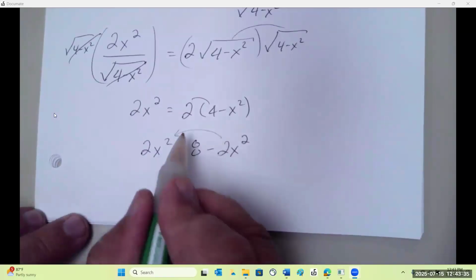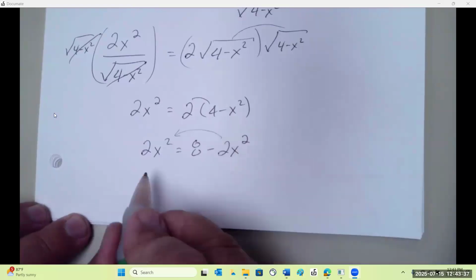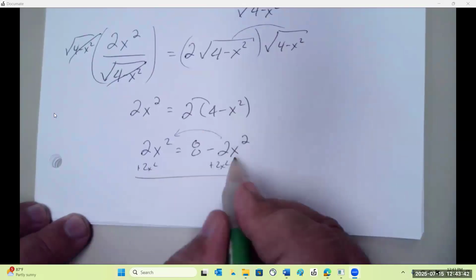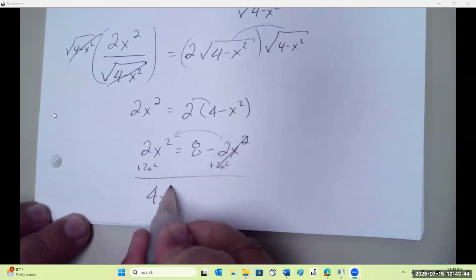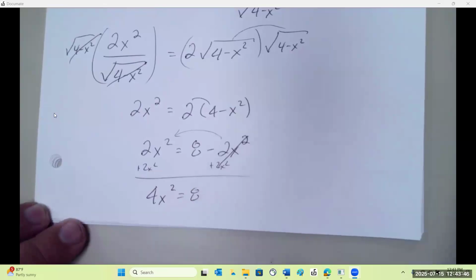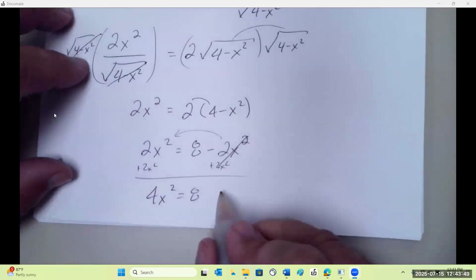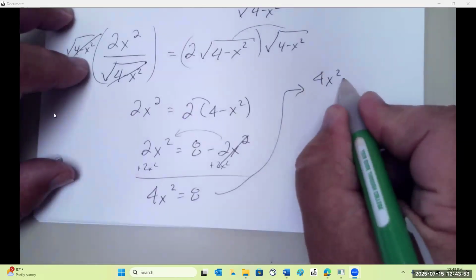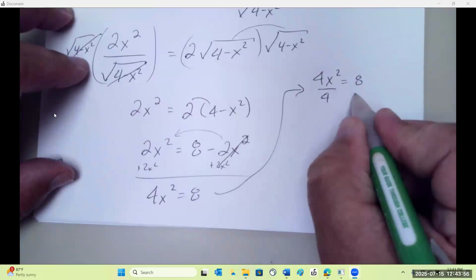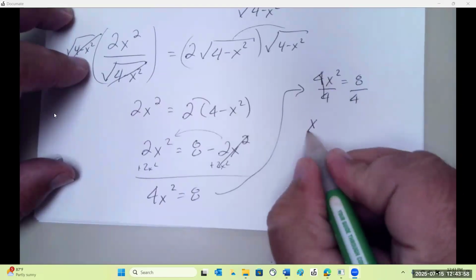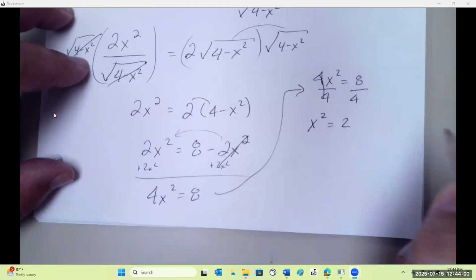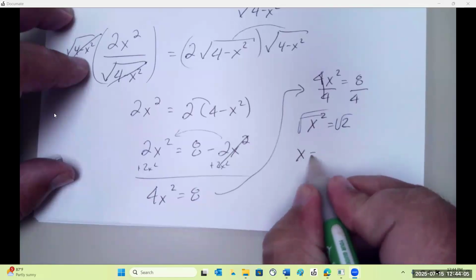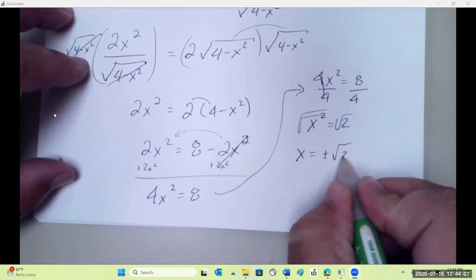Move all the x's to one side, so we add 2x squared to both sides. So we get 4x squared equals 8. Divided by 4, x squared equals 2. Square root both sides, so x is equal to plus or minus the square root of 2.